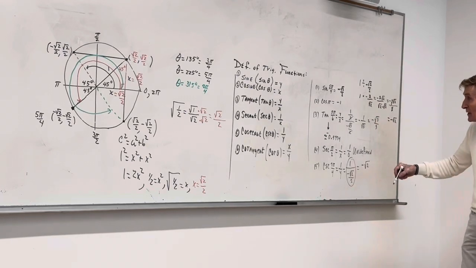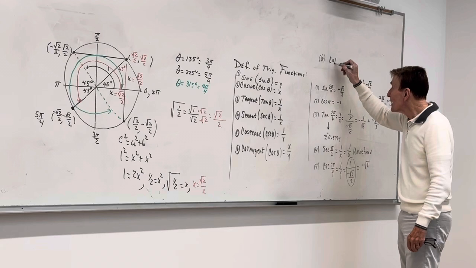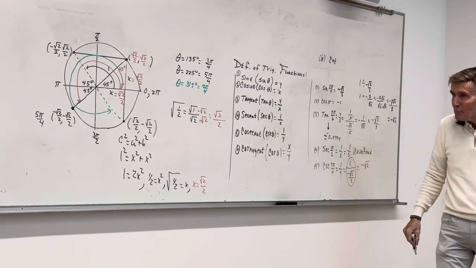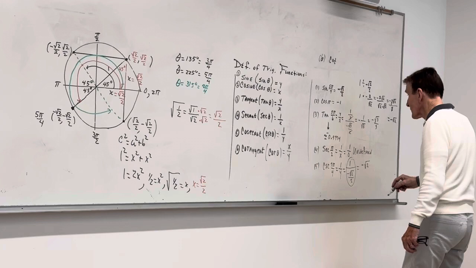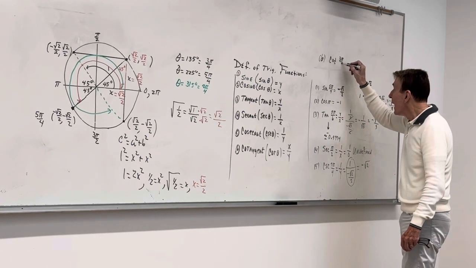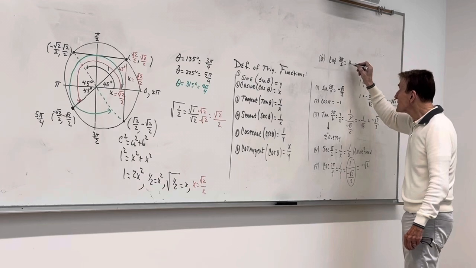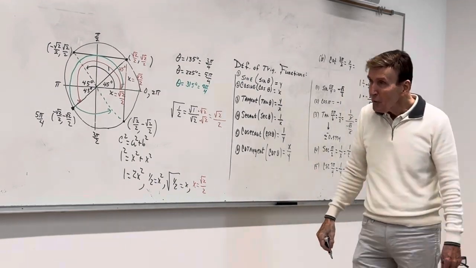The last one, I'm running out of space here, number 6. Let's try cotangent. Let's try cotangent of 3 pi over 2. And cotangent is x over y. 3 pi over 2 is all that we've done tonight.